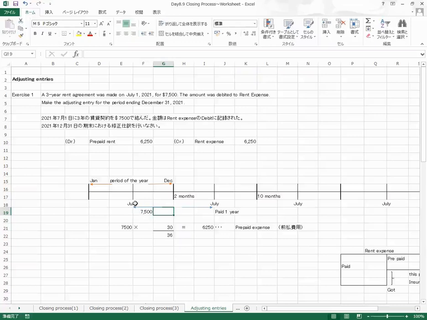On this term you account only for July to December.